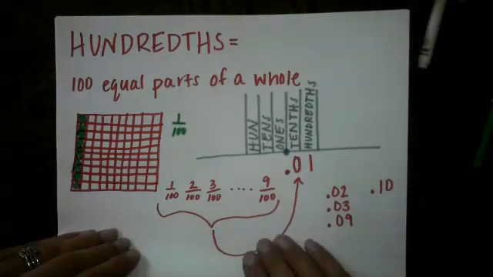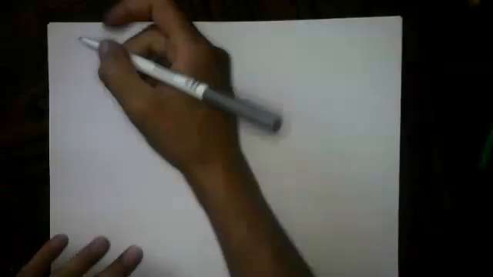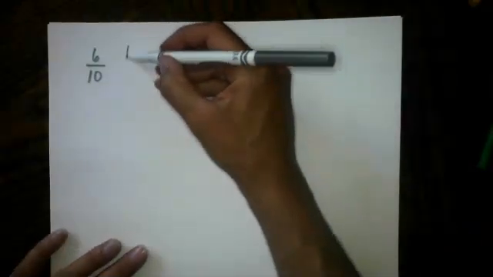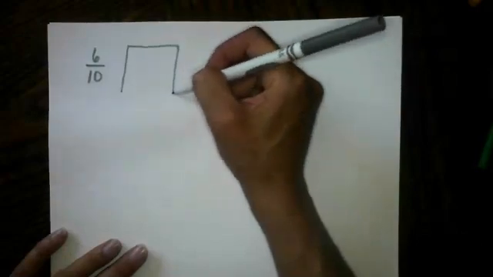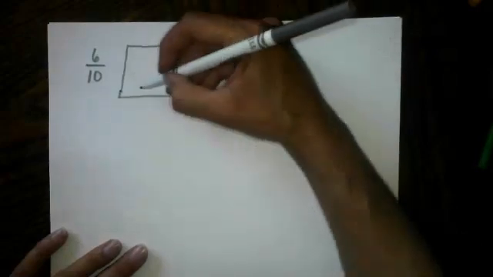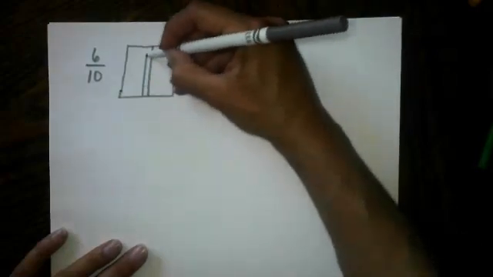Okay, so let's do a few conversions from fractions to decimals. I'm going to start with the number 6/10ths. Okay, I am going to draw my tenths. I try to make my whole as neat as possible.